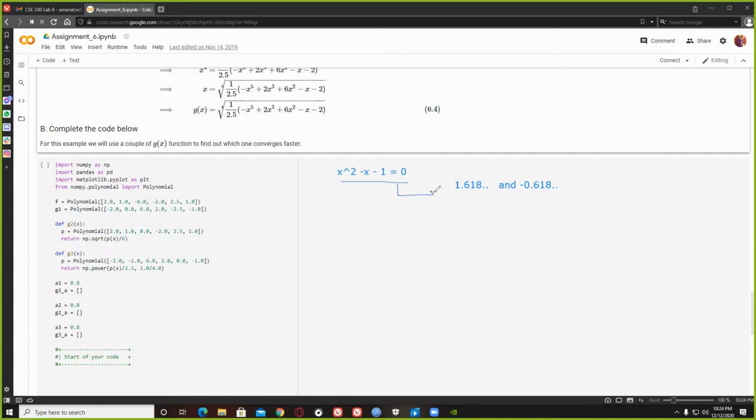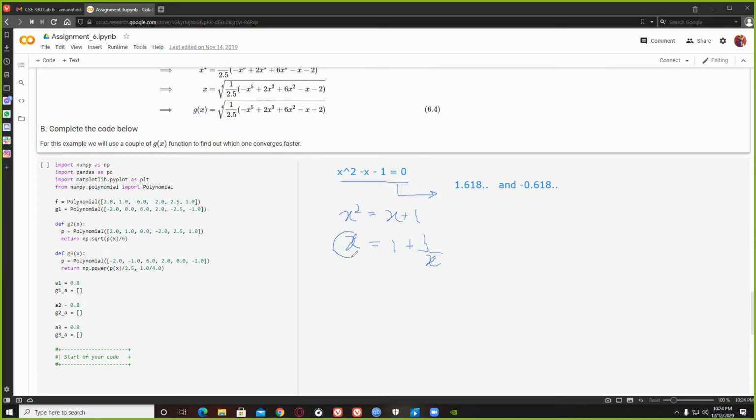Now using the fixed point algorithm, first we have to separate one x. So what we can do is write x square equals x plus 1, and then we divide both sides by x, so we are left with 1 plus 1 by x.